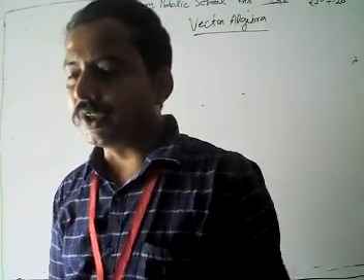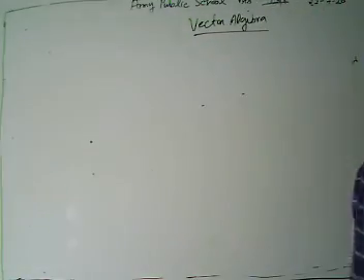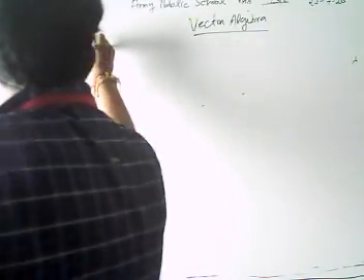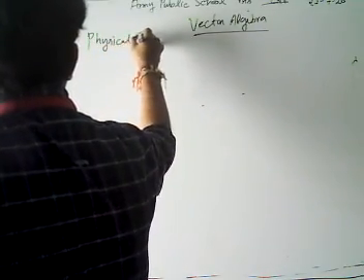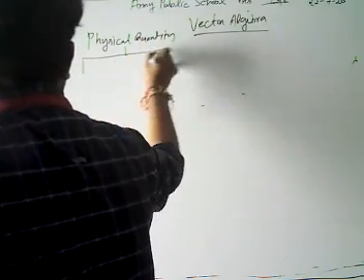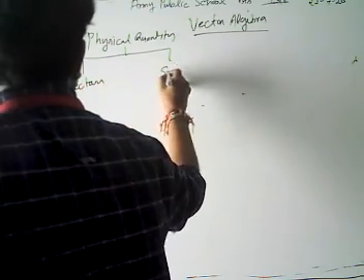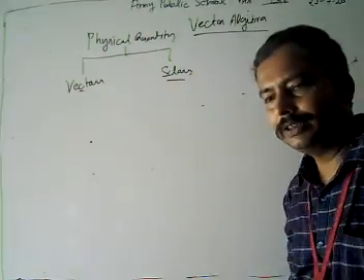We know that physical quantities are generally of two types: vectors and scalars.